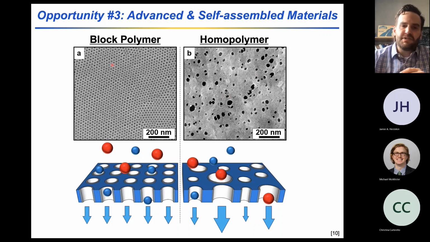And emerging materials like block copolymers, lyotropic liquid crystals, metal organic frameworks, they have the ability to create membranes that have pore sizes that are really well defined, and that there's still a high density of these pores. And this might open opportunities for more refined filtrations.